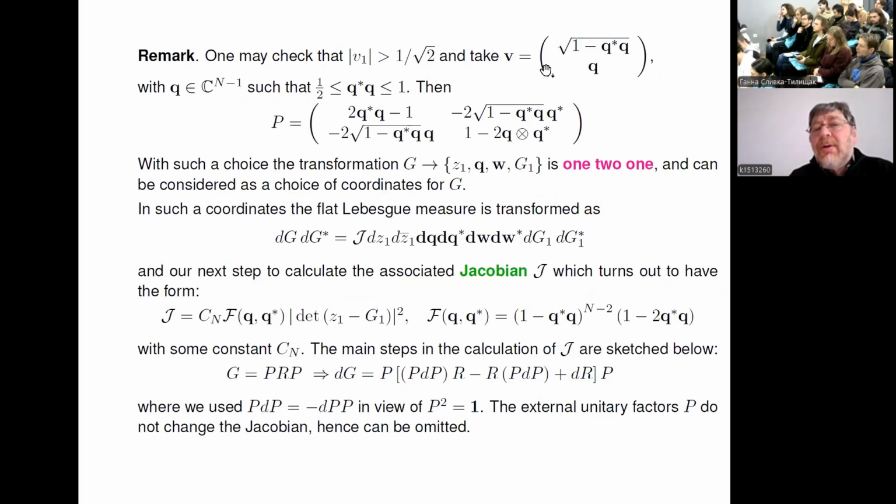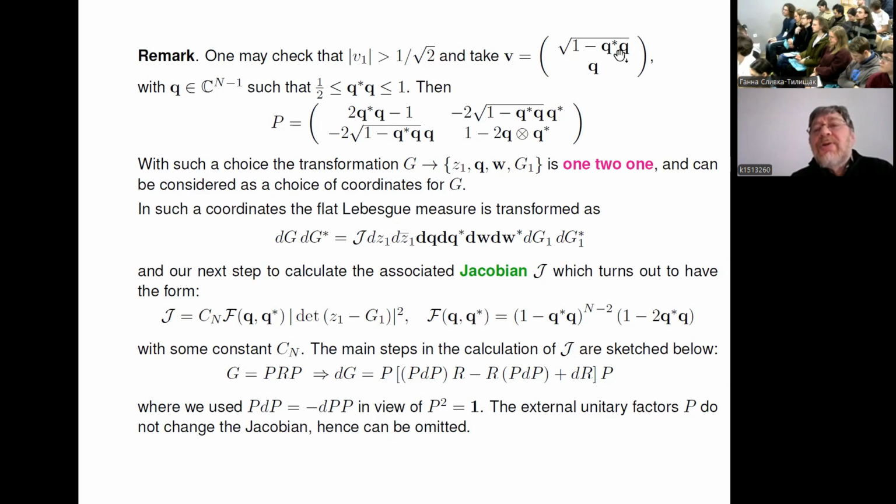One can always show, by simple consideration, that V can be parameterized in terms of an n-1 component vector Q in the following way. Its n-1 components are just given by the independent vector Q, and then the first component is just the square root of 1 minus Q conjugate Q, and this will then obviously be a vector of unit norm.